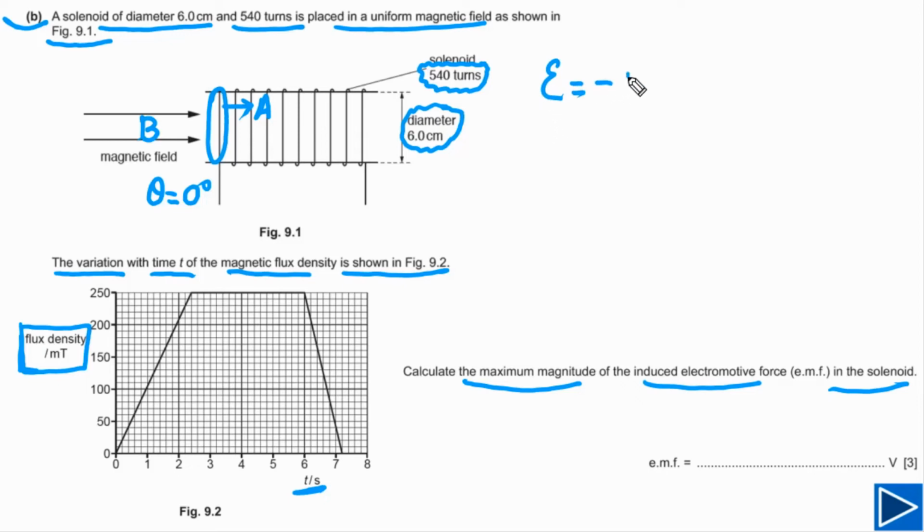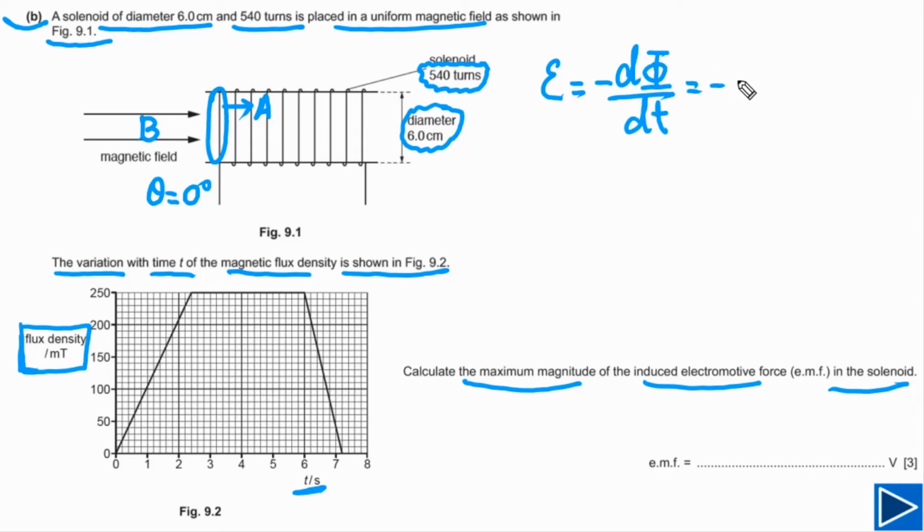Induced EMF is equal to negative dΦ/dt. And this is only true if the coil has only one turn. In this case, the coil has N turns. So it means this is equal to the rate of change of magnetic flux linkage.